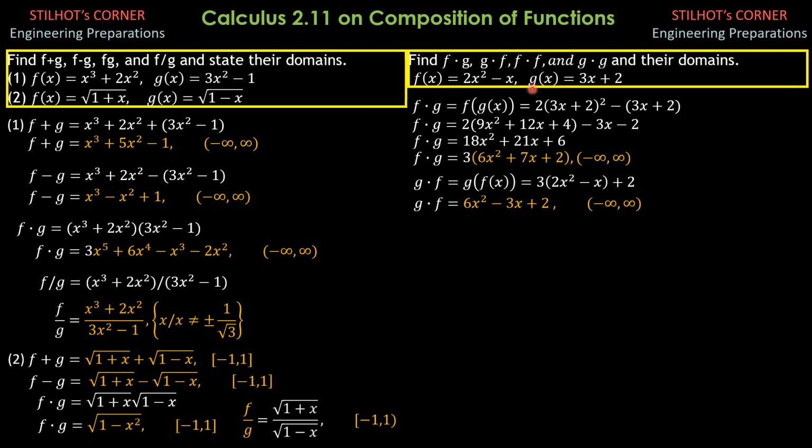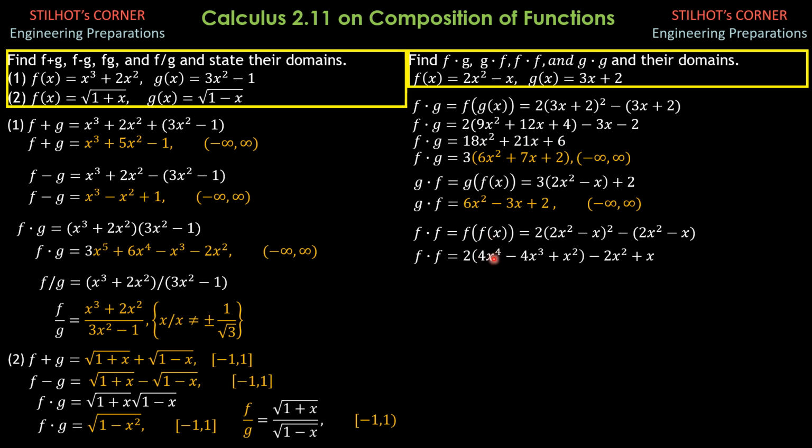Then f of f, so this is f, and we replace x by this f also, which is 2x squared minus x. So it is 2 times quantity 2x squared minus x, squared, minus quantity 2x squared minus x. And simplifying, this is 2 times 4x to the fourth minus 4x cubed plus x squared, minus 2x squared plus x.